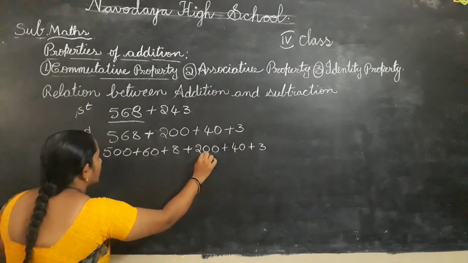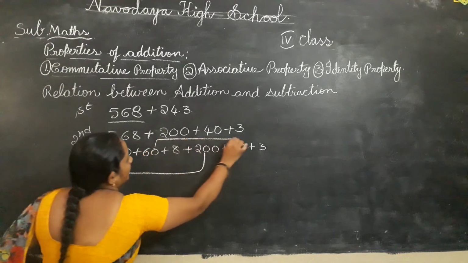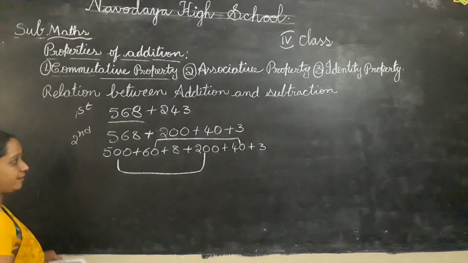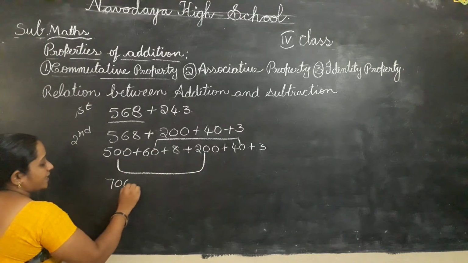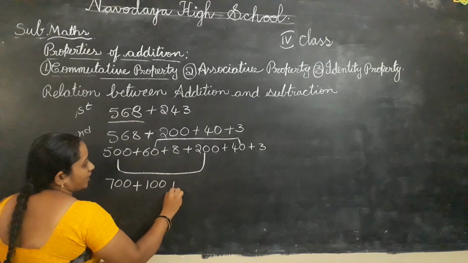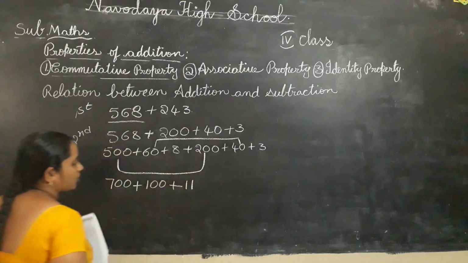So look here, 200 plus 500, 60 plus 40. 60 plus 40 how much? 100. 500 plus 200, 700. 700 plus 60 plus 40, 100. After that add the ones place, 8 plus 3, 11.